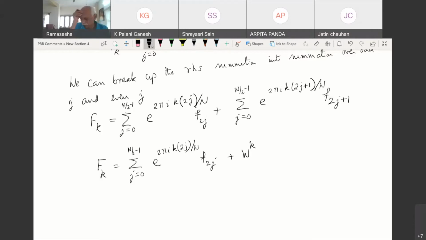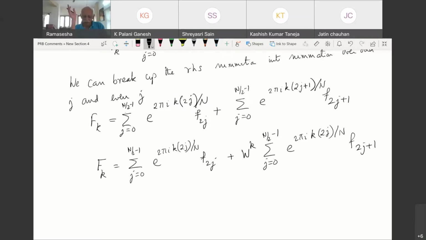So w to the power k will take sigma over j is equal to 0 to n by 2 minus 1 e to the 2 pi I k 2j by n times f of 2j plus 1.